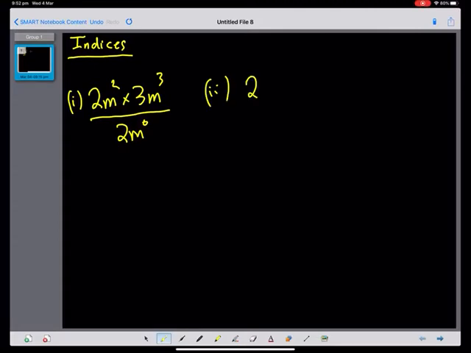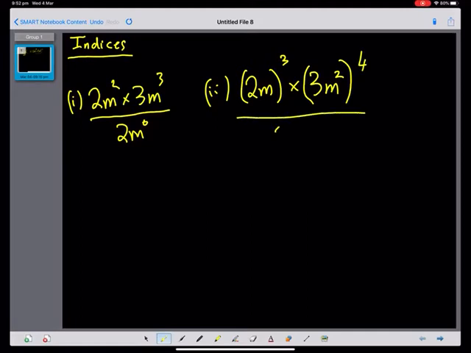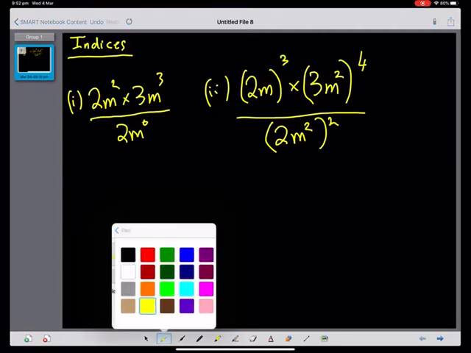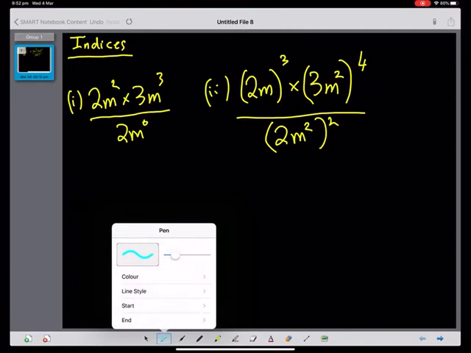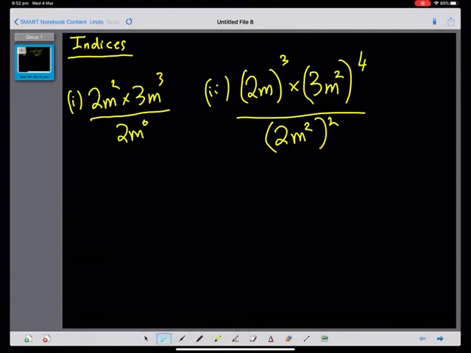Then let's do (2m cubed multiplied by (3m squared) to the 4) divided by (2m squared) all squared. And we're going to run out of space. So pause the video and see if you can apply your index laws, and we'll do the solution after.